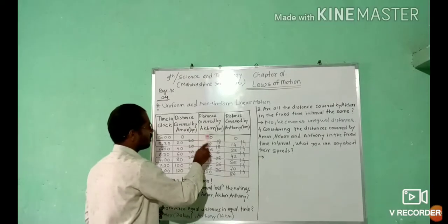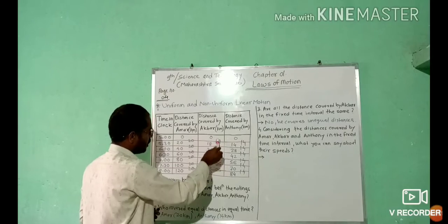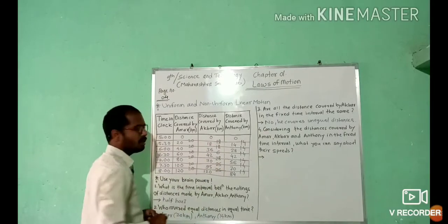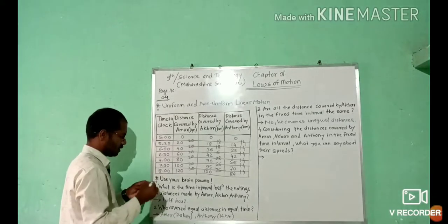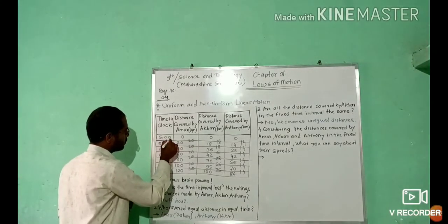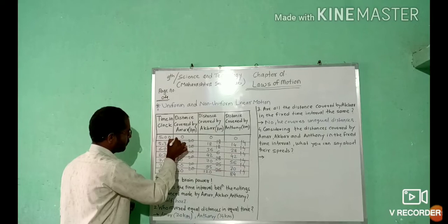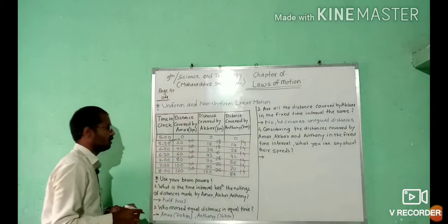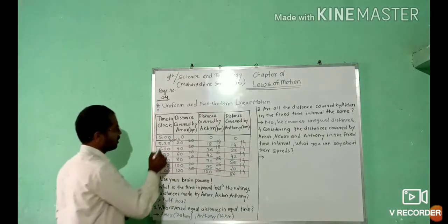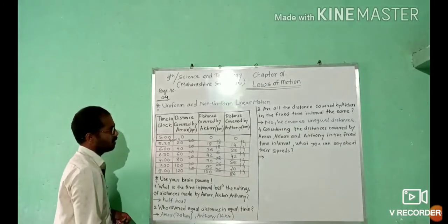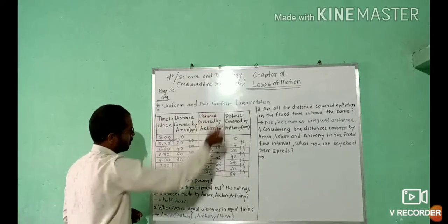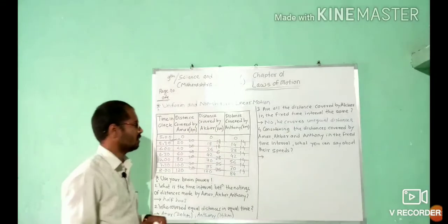But Akbar covers unequal distances in equal time intervals. The time interval is half an hour, or 30 minutes, the same for each noting, but the distances covered by different individuals are different.